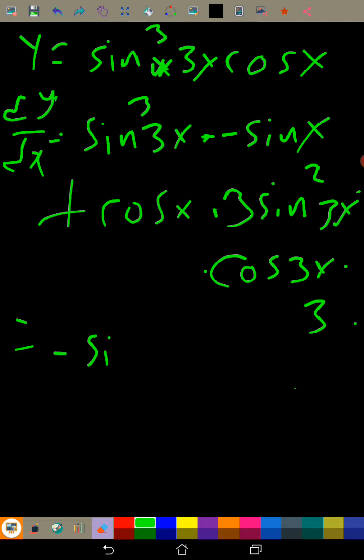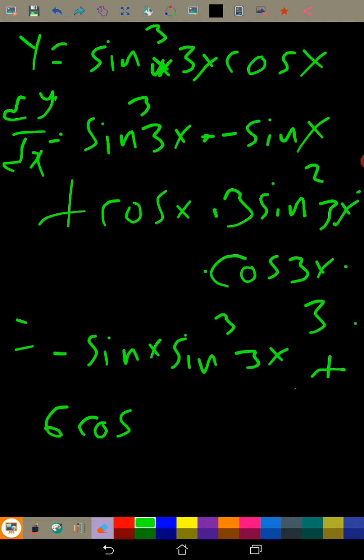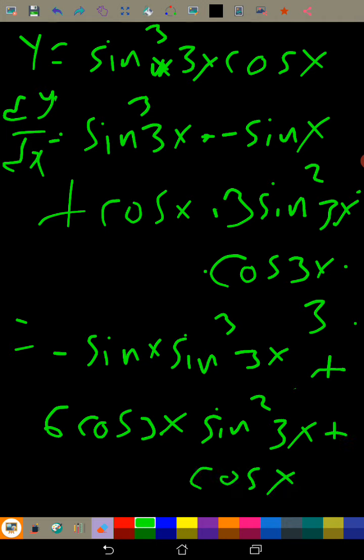So it's minus sine x sine cubed 3x plus, here I have like 6 cos 3x sine 3x plus cos x.